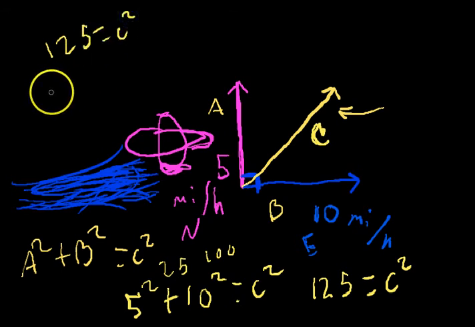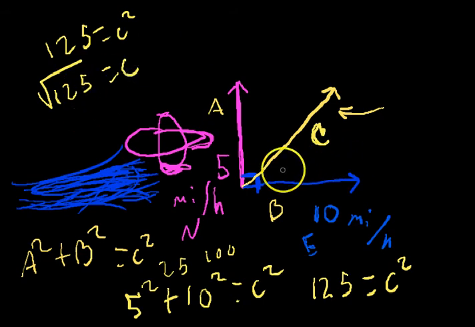Then you just take root 125 is equal to c. Since 125 is not a perfect square, that would be an acceptable answer. Root 125 is the velocity here, and you can take that to your calculator and do square root of 125, and you'd get an exact magnitude.